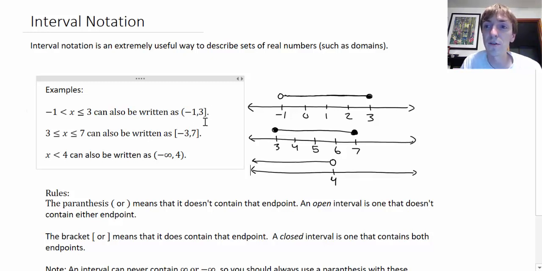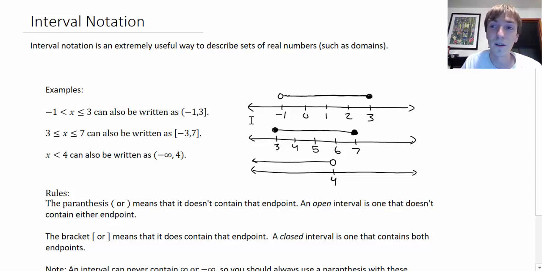Okay. So in interval notation, you're using parentheses and brackets, and they have different meanings. We're going to go over this in a second, but I think it's important to see more examples first. I've drawn out each of these 3 intervals on the number line too, because I know it helps to think about things visually sometimes.